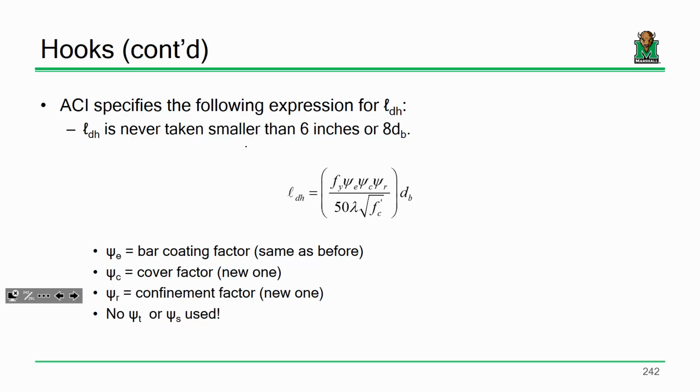For instance, let's say the confinement or the temperature or the bar size factor or the top bar location factor, they actually don't really matter when you're dealing with hooks because you've changed the geometry of the problem. The bar coating factor still does, but there's a couple new ones, a cover factor or a confinement factor. Because the geometry is different, you got to account for that. But in the end, it's another very similar equation. That's the LDH, or development length for hooks.